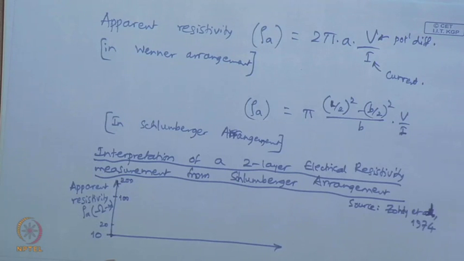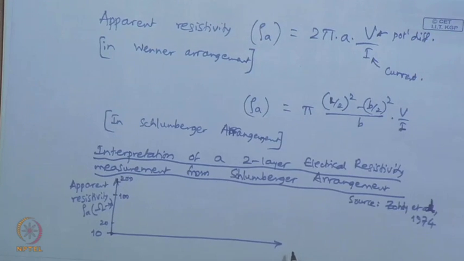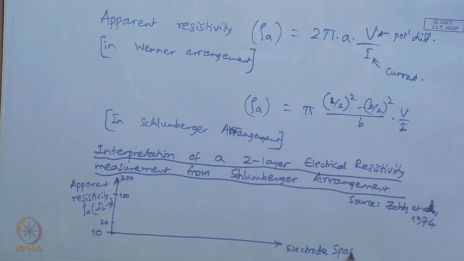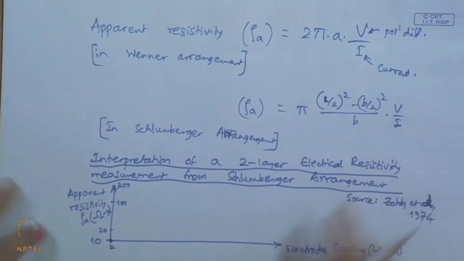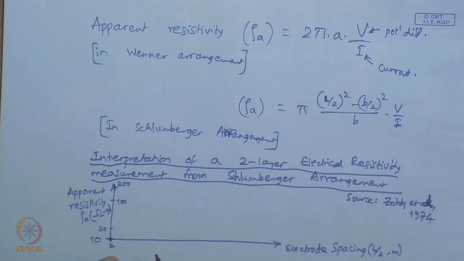And on the horizontal scale, which is also a logarithmic scale, is the electrode spacing, L by 2 in meters, and as per Zohdy's results, it varies from 2, 5, 10, 20, 10 to 100 and 100 to 1000.